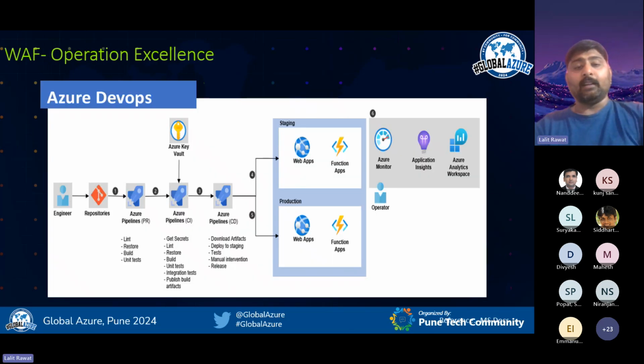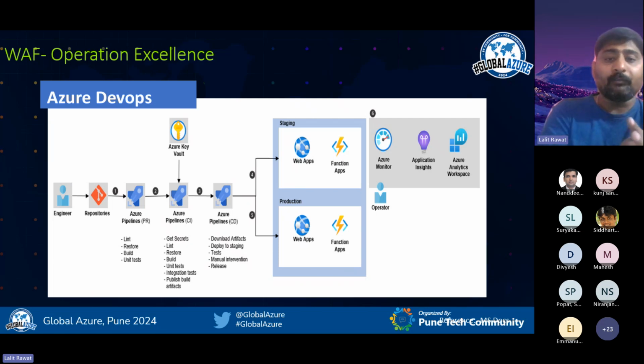Then in operational excellence, Azure DevOps could be a good fit tool, where I'm just trying to show a design, right? If you are an engineer working anywhere, you'll have some Git repository or whatsoever. So you develop your code and put it into one of the repositories, either Azure Repos or GitHub or whatsoever. Then you create the Azure pipelines.